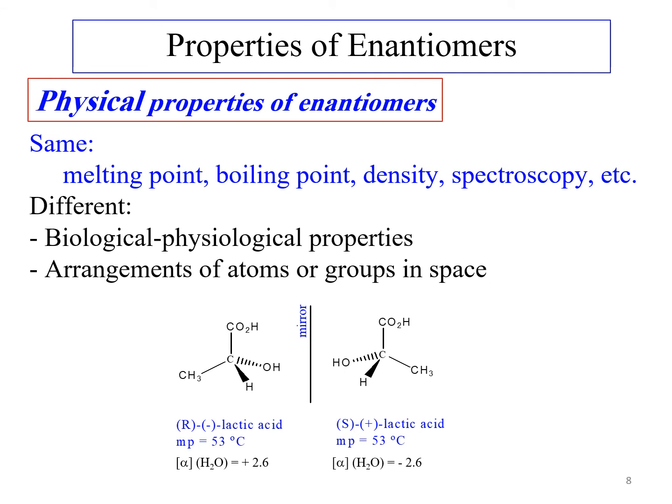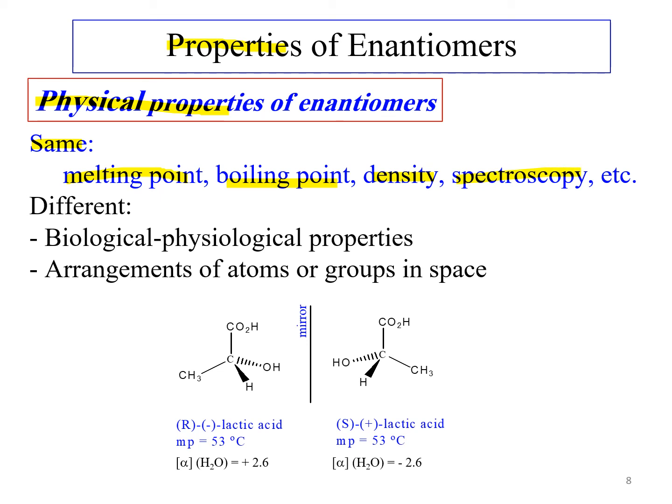Next up are the physical properties of the enantiomers that we just discussed, the non-superimposable mirror images of each other. So the physical properties are first up, and these enantiomers will always have the same melting point, boiling point, density, and spectroscopy.